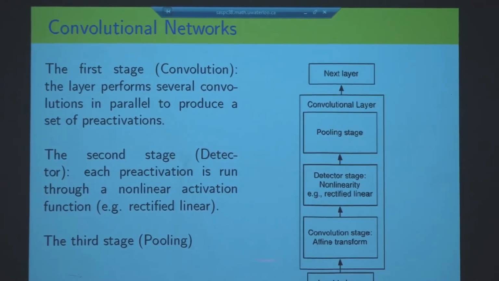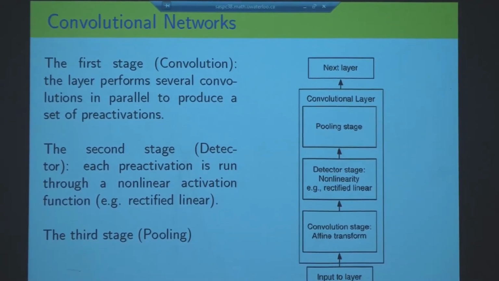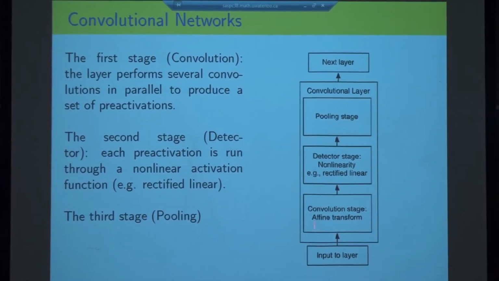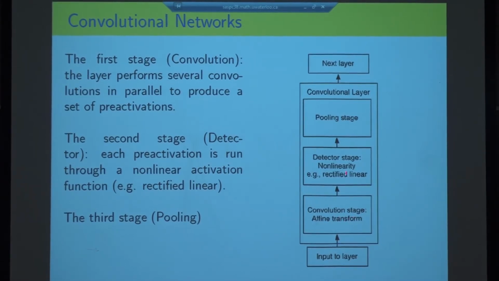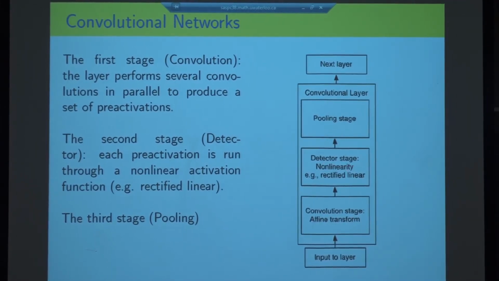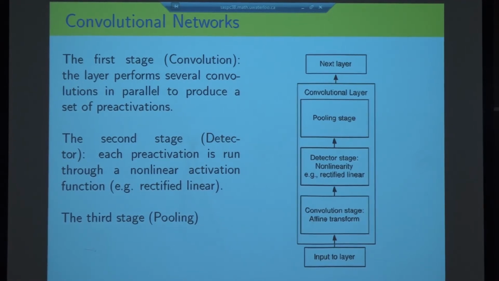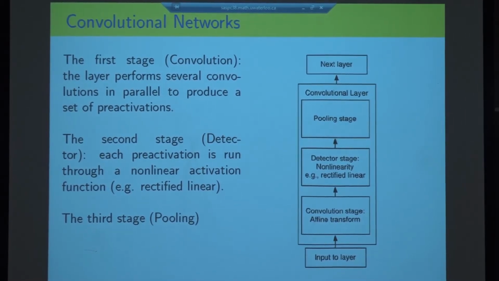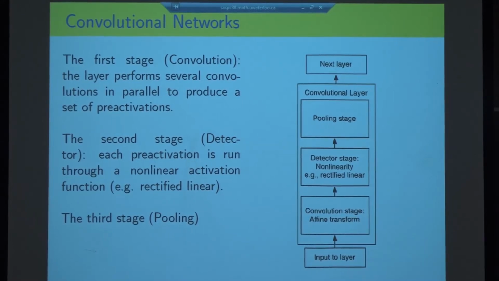Okay, so we started with this slide that we have basically three stages. One of them was convolution, and we had two others. This one is detector stage. Remember in feed-forward neural network, when we did backpropagation, we drew each unit in this form, and we said this part is simply weighted sum of some inputs, comes here, right?